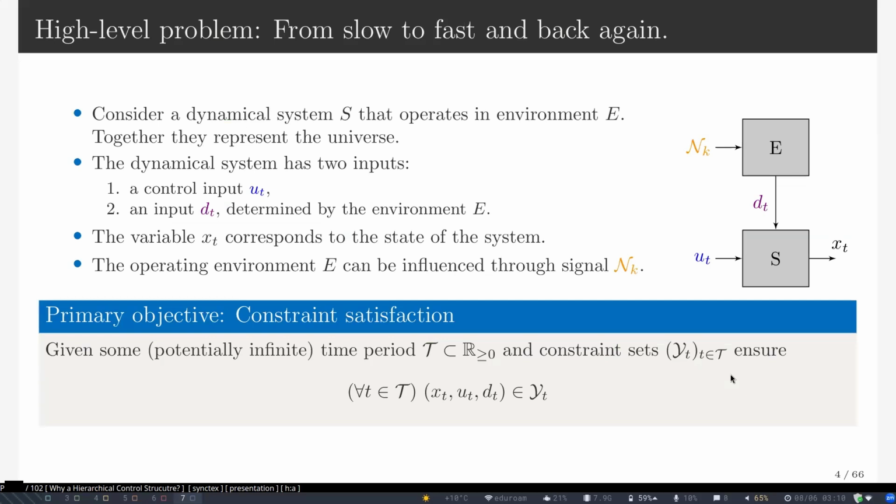Okay, so I'm going to start very abstract. I'm going to start with some generic dynamical system S. And I talk about a different dynamical system, I call it E. Now, S for the system, E for the environment. Both of them are dynamical systems. So now can someone tell me, when I say dynamical system, what do I mean? Or what would you think of it when I talk about dynamical systems?